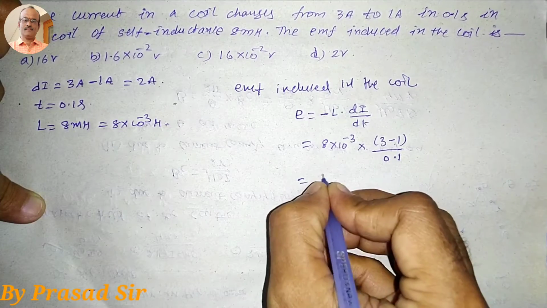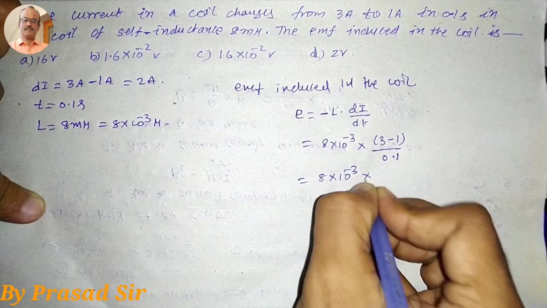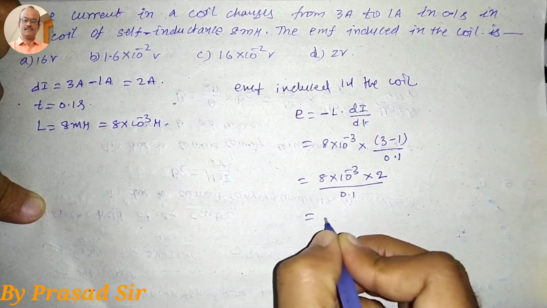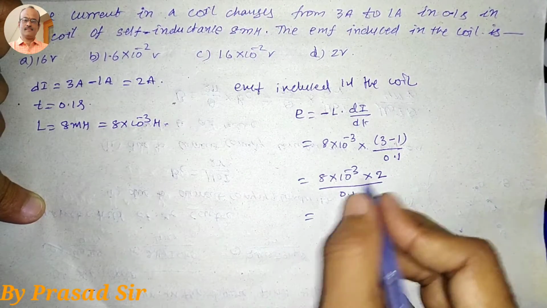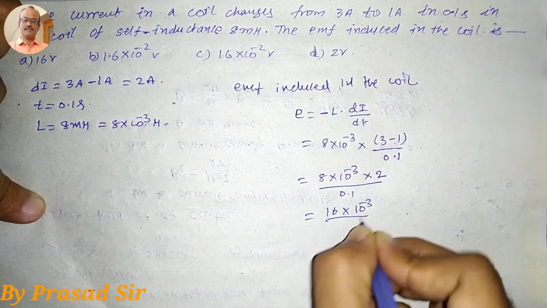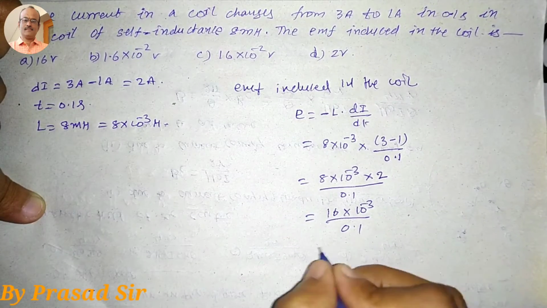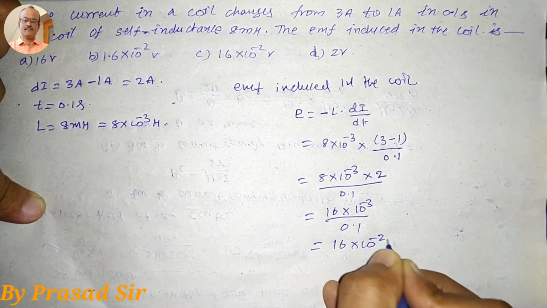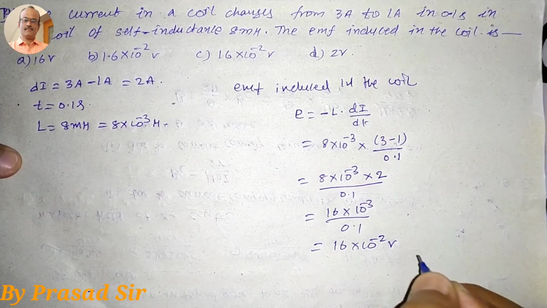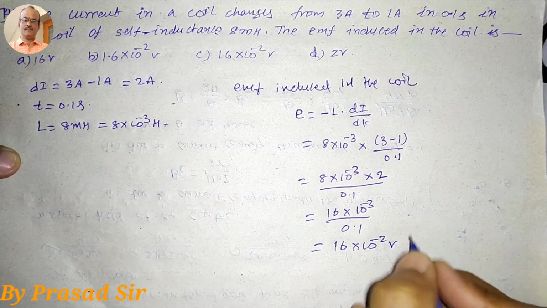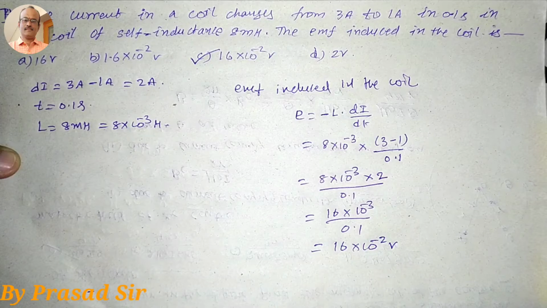So it is equal to 8 into 10 to the power of minus 3 into 2 divided by 0.1. Then 8 twos are 16 into 10 to the power of minus 3 divided by 0.1. On calculation, 16 into 10 to the power of minus 2 volts. So which option is correct here? 16 into 10 to the power of minus 2 volts is correct. Option C is correct.